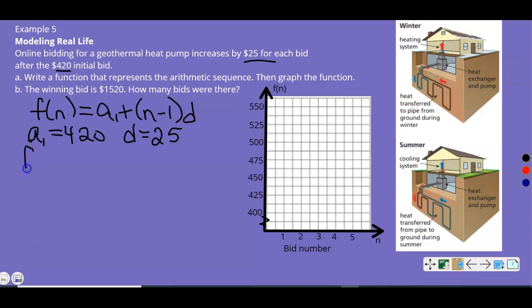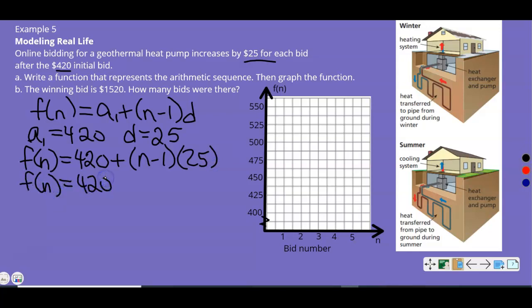So we're going to have f of n equals our first term. We can substitute 420 plus n minus 1, and then times our common difference. Now we can simplify this. F of n equals 420, and we can distribute the 25, so 25 times n is 25n, and 25 times negative 1 is negative 25.